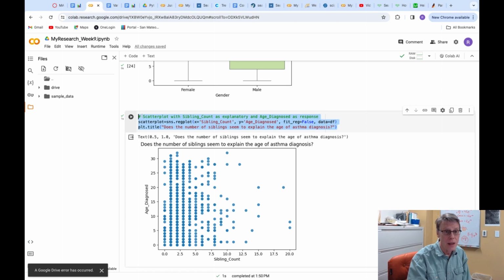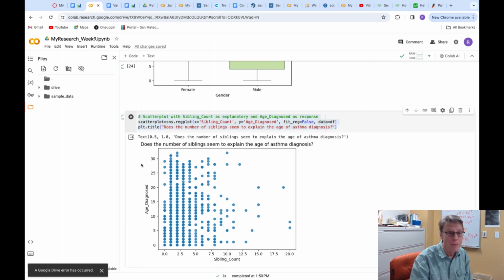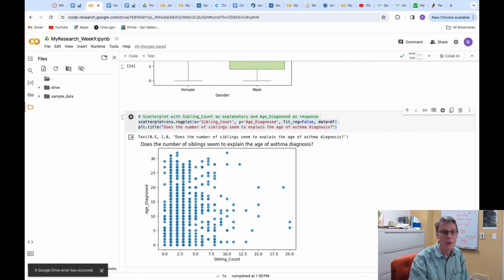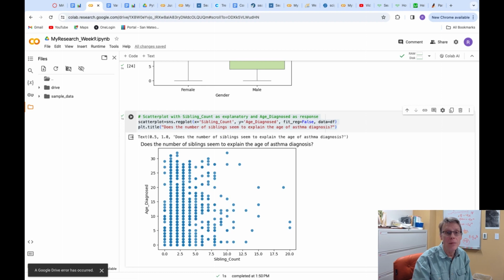But as you can see, this first line here with the hashtag in it, this is just my note to myself. It's a comment, so Python's going to ignore that. And so my two commands are do a scatterplot, which is going to be using Seaborn, sns.regplot, give it the X variable, the Y variable, fit_reg equals False.